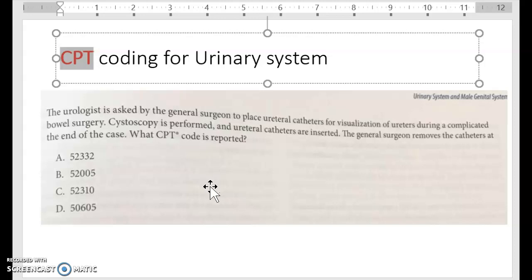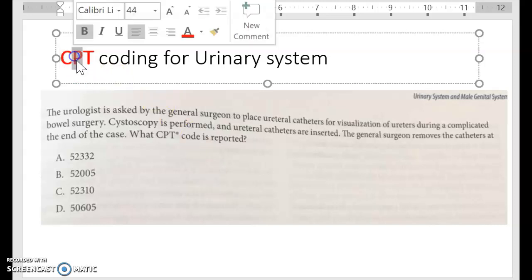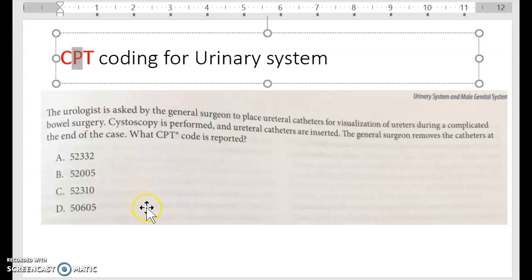We are coding a procedure. So whenever we code for a procedure, we always use the CPT book because it has the P in it, P for procedure. And we always ask the question as a coder, what did the doctor do? That is how I will start to look for the main term. So what is my main term here? Think. Yes, cystoscopy. This is what I will try to find in my index.